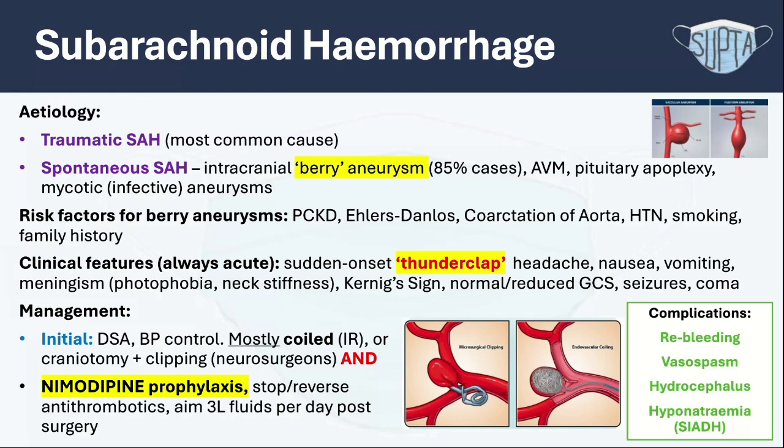Importantly, vasospasm is where there's a narrowing of the cerebral arteries, usually triggered by blood breakdown products in the subarachnoid space. This can lead to delayed cerebral ischemia, or DCI as it's called, meaning a new neurological deficit or new brain ischemia after subarachnoid that is not better explained by another cause such as rebleeding, hydrocephalus, or seizures. So nimodipine helps reduce that risk.